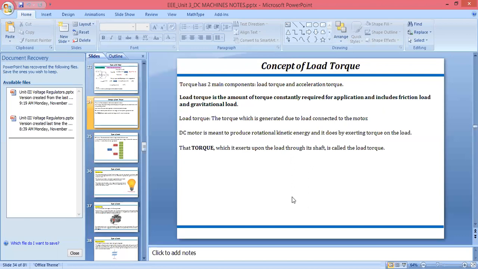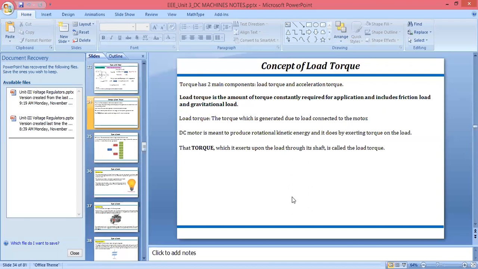In the construction of the DC motor, we use solid poles, and these poles are made from steel. So we use solid poles of fabricated steel to make the pole shoes on the DC machine.